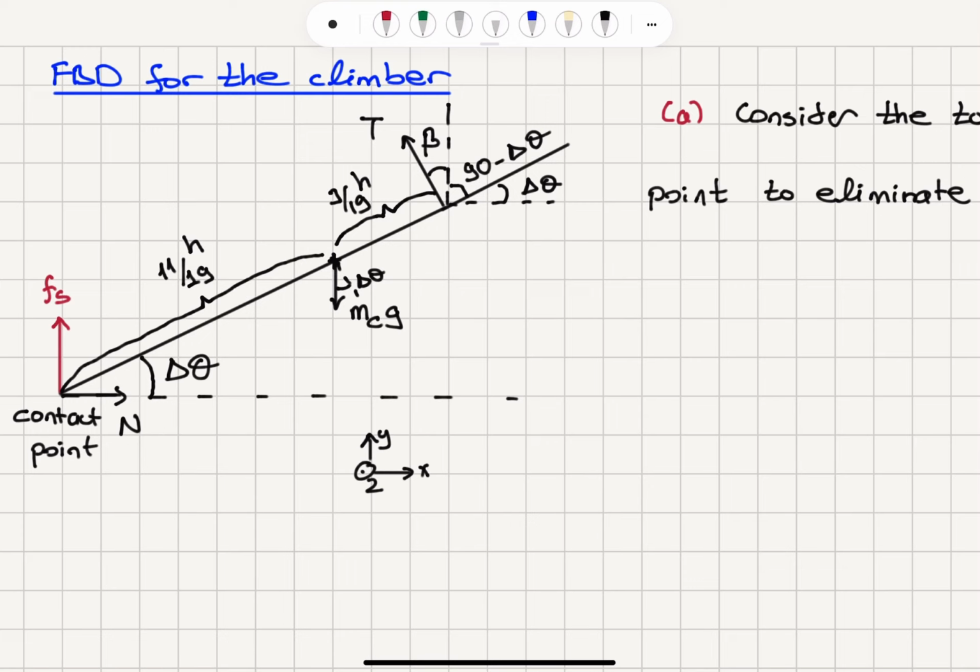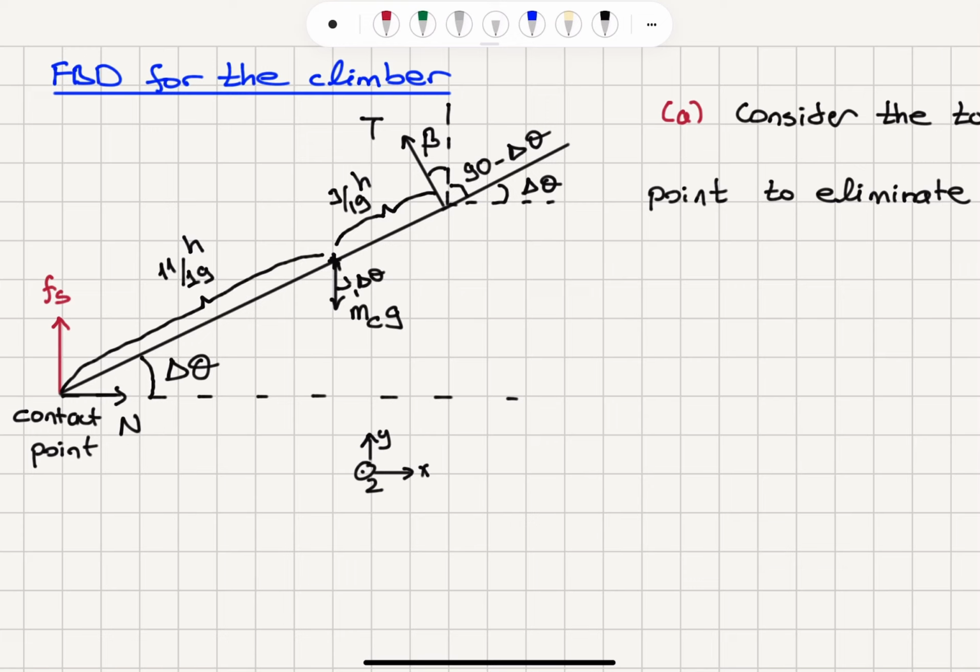Now in part A, we were told to find the tension that the rope has to support. In order to find the tension, the easiest thing here is basically to eliminate the effects of these two forces from our equations, which we can do by considering the torque with respect to the contact point, or the pivot point.